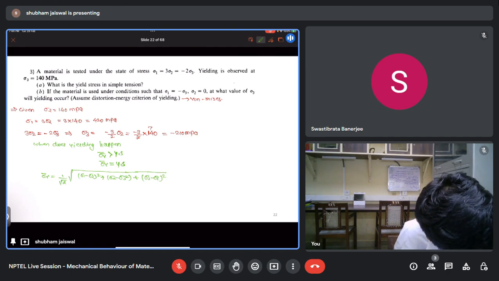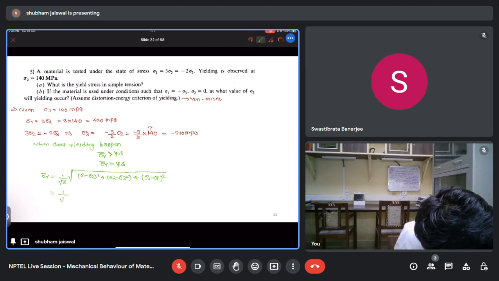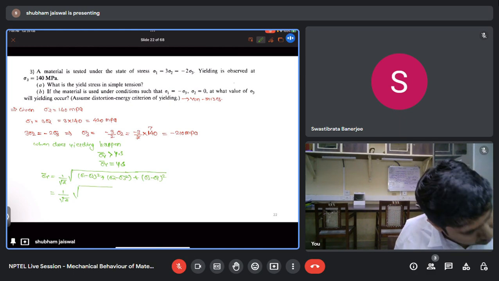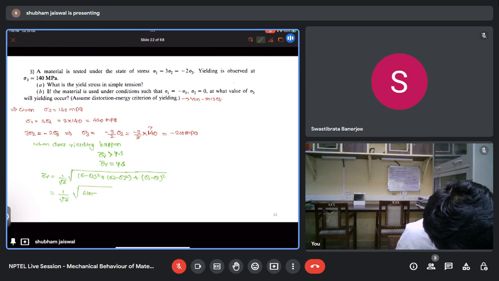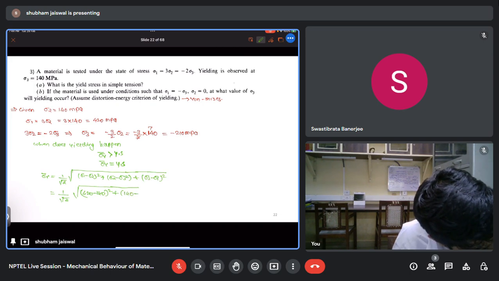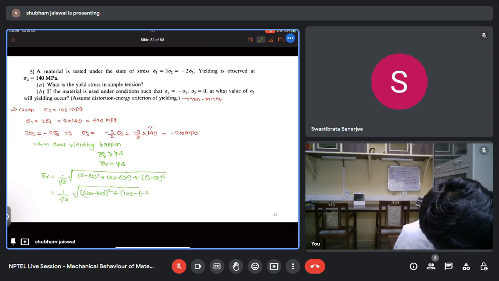Now if I put the values, sigma 1 is 420 minus 140 whole square plus sigma 2 is 140 minus of minus 210 square plus sigma 3 is minus 210 minus 140 whole square.